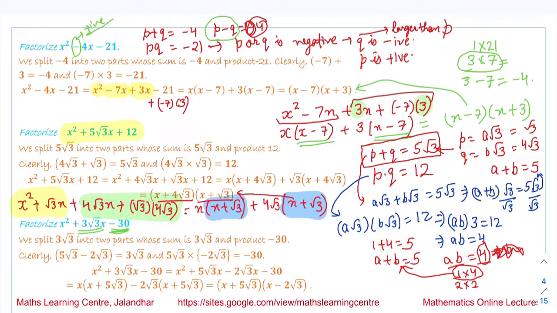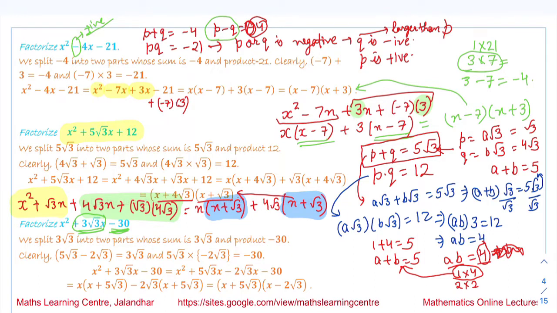P and Q, when we are talking about, one is positive, one is negative, and their difference should be 3 root 3. If one number is negative, then we are saying their sum should be 3 root 3.